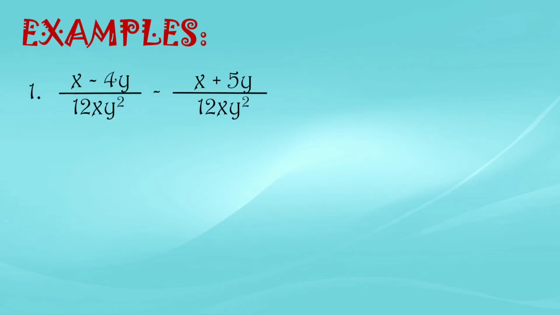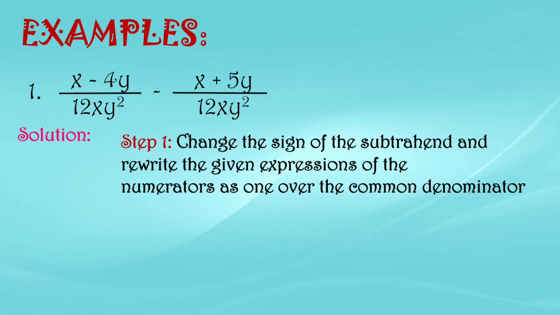x minus 4y over 12xy squared minus x plus 5y over 12xy squared. Solution. Change the sign of the subtrahend and rewrite the given expression of the numerators as 1 over the common denominator. Yung subtrahend natin, yun yung nasa kanan. Kaya, si x plus 5y, kailangan natin palitan ng sign.